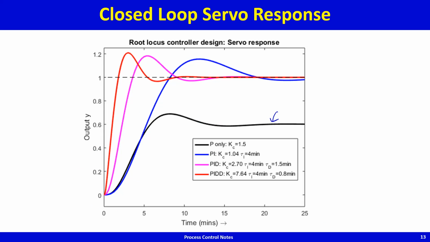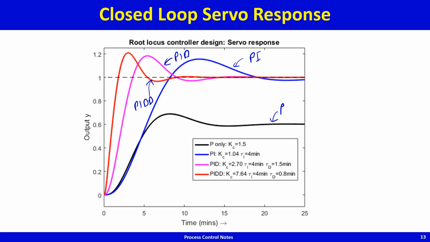This is the P controller, PI, PID, PI double D, and you can see that PID is much faster than PI and PIDD is much faster than P, and this quickening of the response is happening because of deliberate designed placement of lead lags that alter the dynamic response appropriately.